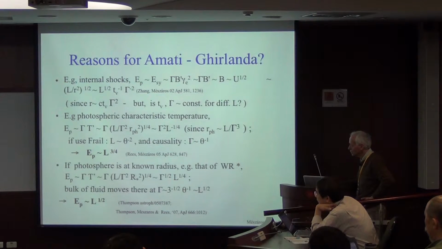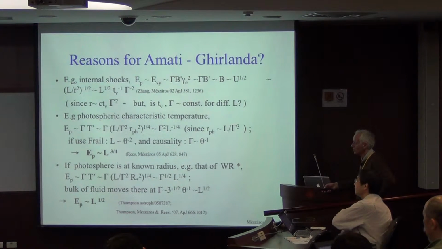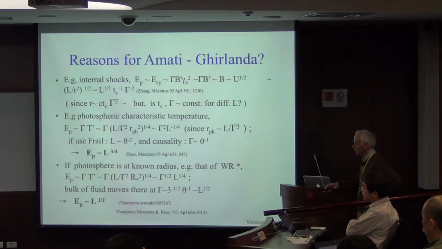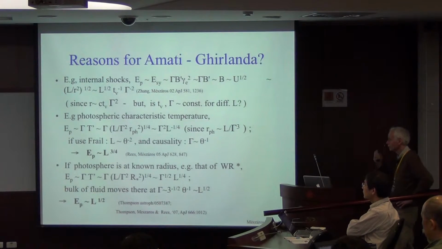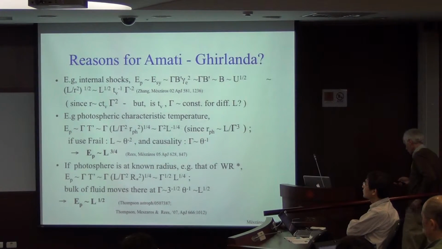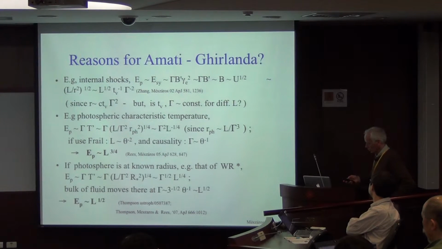And in these models where the photosphere is at the radius of the star, the bulk Lorentz factor is proportional there to theta to the -1. Theta is L to the 1/2, so you get your relationship. So there is physics you can put behind it, and, you know, it's more or less reasonable.